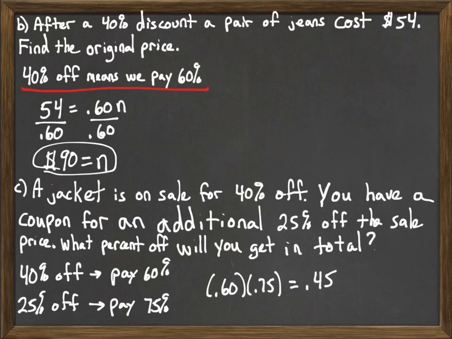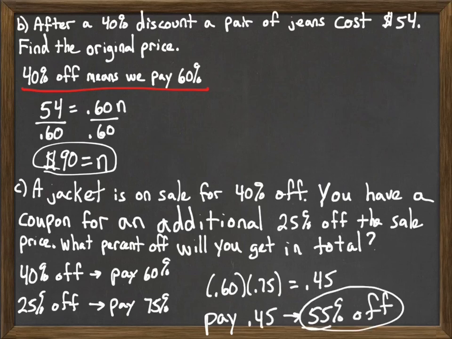That means we're paying 45% of the original price. And if we pay 45% of the original price, that means we're getting 55% off the original price. So it turns out 40% off followed by 25% off gives us a total of 55% off.